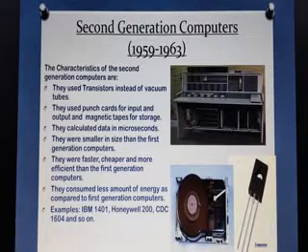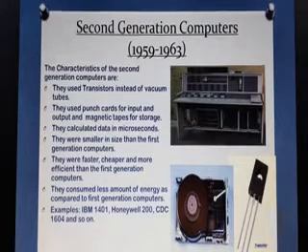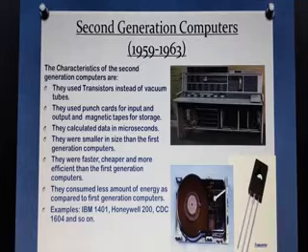Now the disadvantages of second generation computers were, since it was also very big and it used transistors, a cooling system was also required. It actually produces heat, so a cooling system was required, and therefore constant maintenance was required.